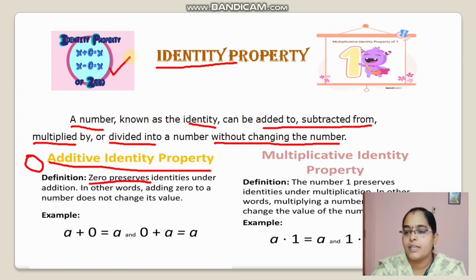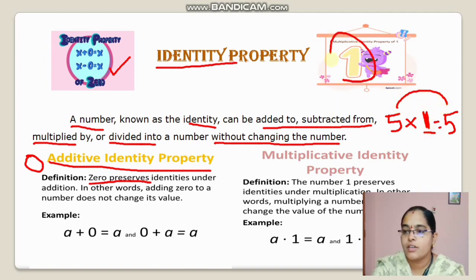Same like that in multiplication also, if we multiply any number with another number, the result would not be changed. If I multiply the number 5 with some other number, the resultant must be 5 only. So when we multiply any number with 1, then only we will get the same number as the answer. So this one we are calling the multiplicative identity.